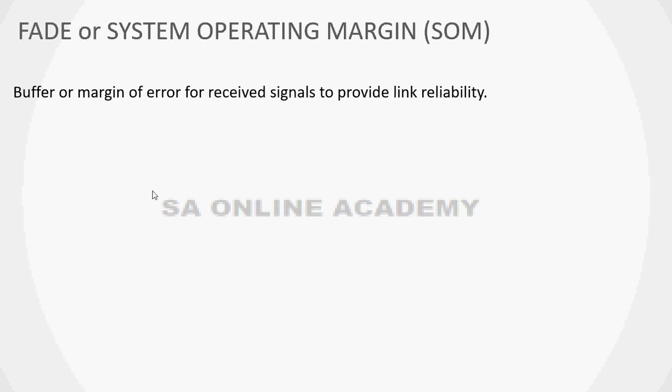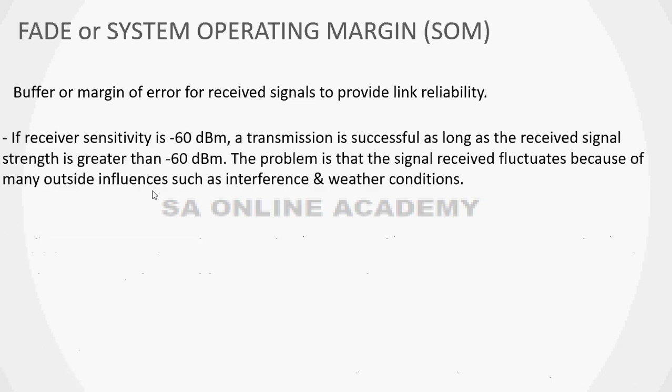You would not be getting a signal at exactly the same receiving sensitivity. Right now you are receiving a signal at that sensitivity, but later on, because of changes in weather or an increase in free space path loss, the received signal goes below the threshold, and your signal will start getting discarded. So as a good solution designer, a good solution architect or a good WLAN engineer, you should keep some buffer or margin. This buffer or margin for received signals to provide link reliability is called fade margin or system operating margin.